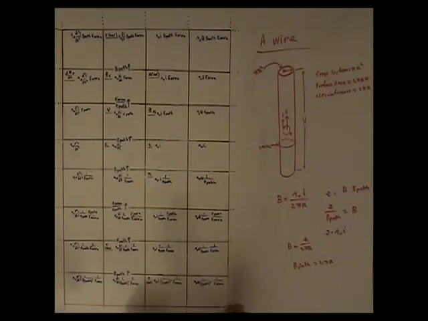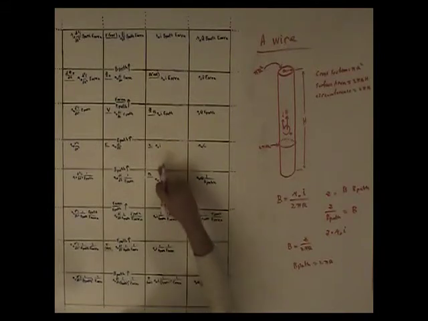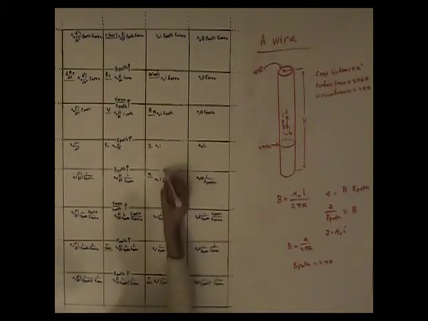So that's pretty straightforward. Our B path is 2 pi r. We'll put that right here on our chart.